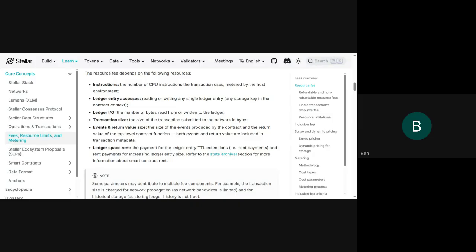Because when you create an application, a smart contract, there's what we call an event. For example, the event can be viewing some information.